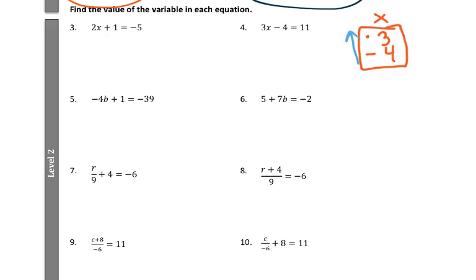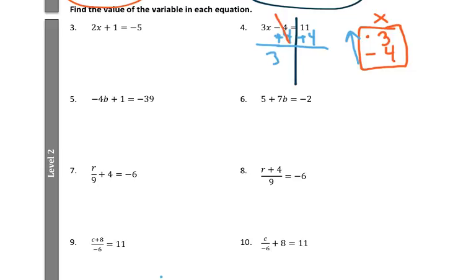Sweet. Let's just do the opposite stuff backwards. Let's see if I can do this without making a dumb mistake. We'll see. Okay, so the first thing I need to do is the opposite of subtracting 4. I'm going to add 4 on both sides, just like this. And these 4s right here are going to add to give me 0.